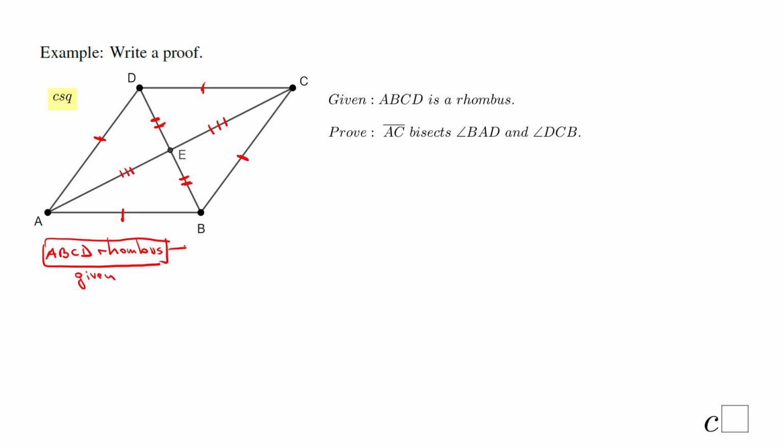Then my next thing will be to say all the sides are congruent, like in the previous proof: AB congruent with BC, congruent with DC, congruent with AD. And what's the reason here? Property of a rhombus, or you can say ABCD is a rhombus. Property of rhombus.